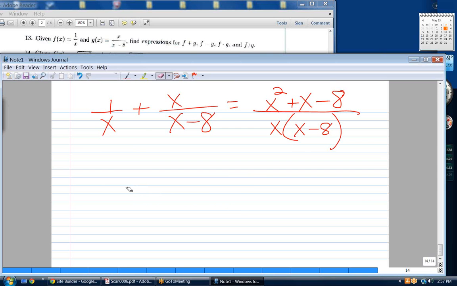What is f times g? So that'd be 1 over x times x minus x over x minus 8. So you'd have 1. You'd have x over x squared minus 8x. And before you do that, don't always distribute. Sometimes when you distribute, you're actually working against yourself.